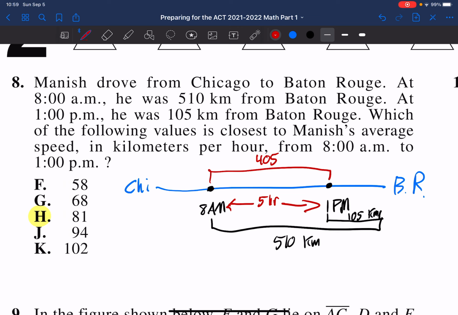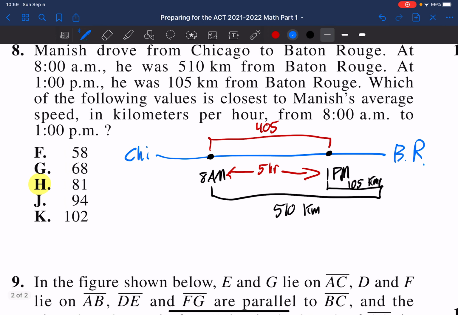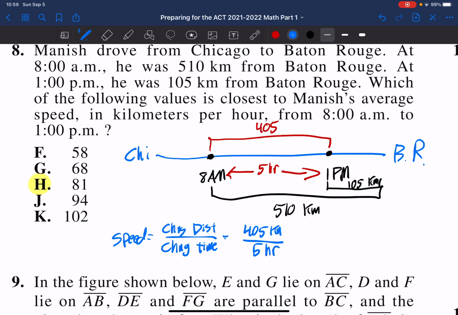So now I've got the change in distance, and I've got the change in the time. And that allows me to find the speed, because that's what speed is: change in distance over the change in time, which we just calculated. 405 kilometers over 5 hours.